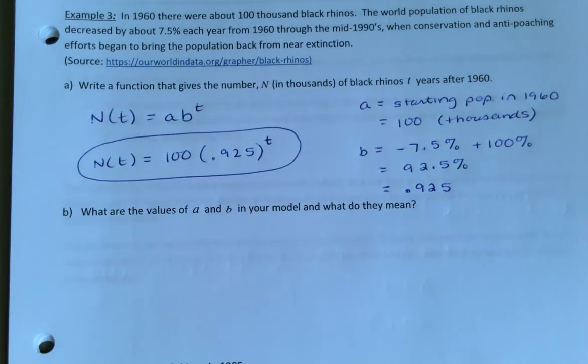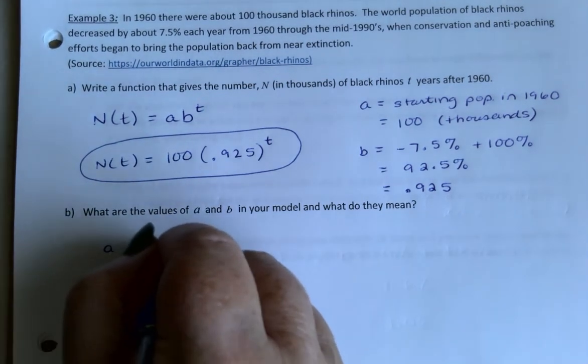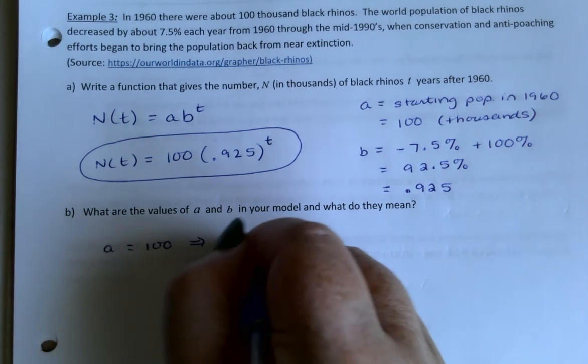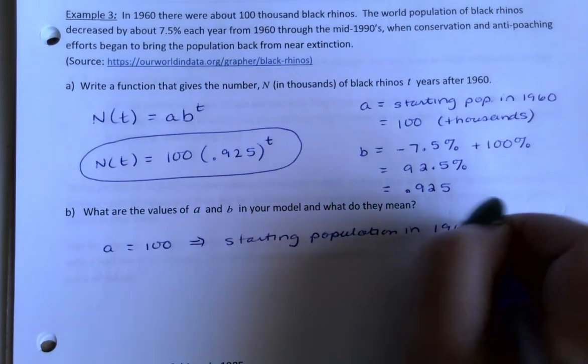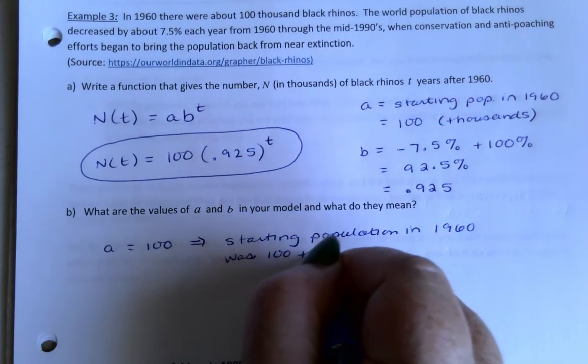And again, just turning the tables, I know we've already written it up here, but if you saw this equation and didn't have the earlier information, you could look at that A and B value and reconstruct the situation by just saying A is 100, the starting population in 1960 was 100,000.